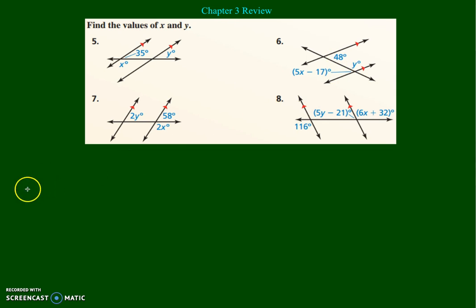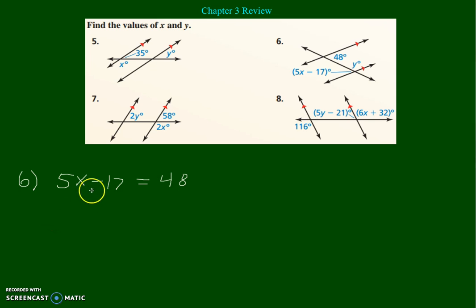That means, for problem 6 then, we have 5x minus 17 equals, since they're congruent, the definition of congruent angles means their measures are equal. So 5x minus 17 equals 48.